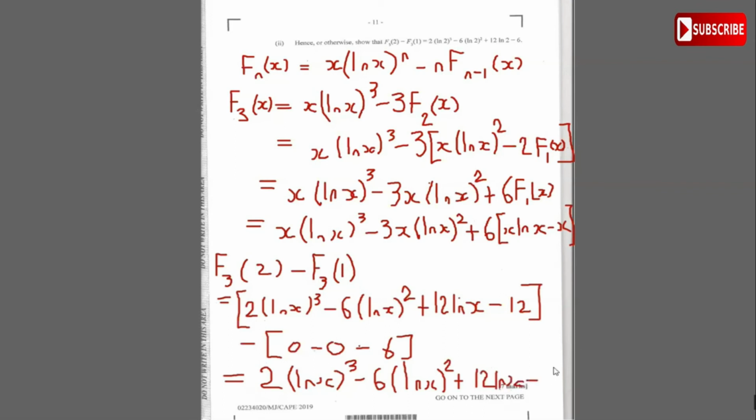So proving this question, nice and easy. This is proven. All right, moving right along.